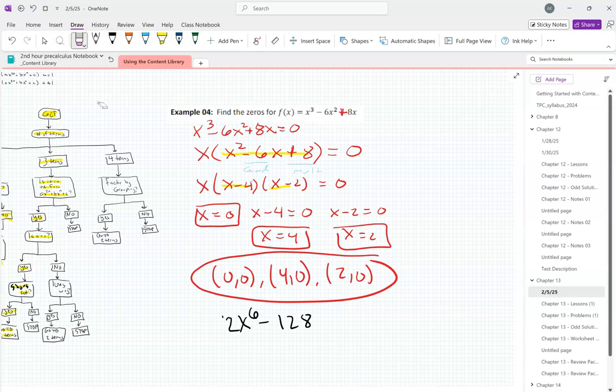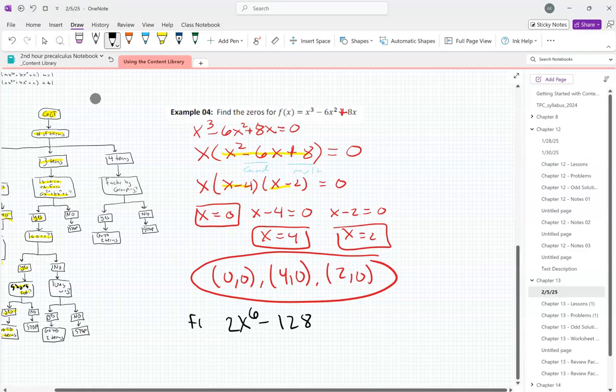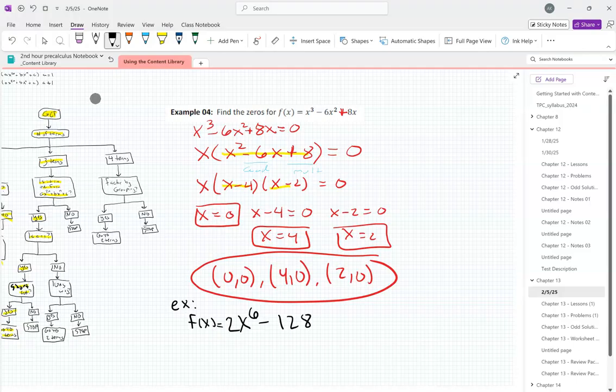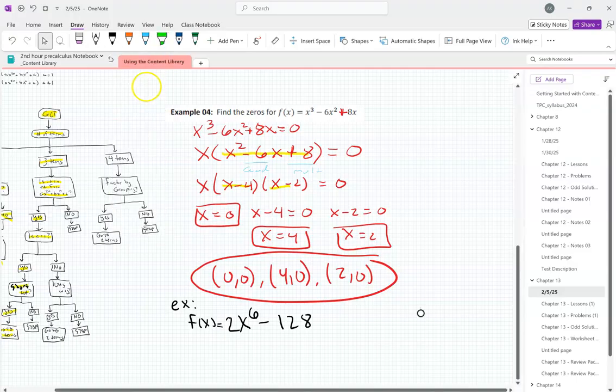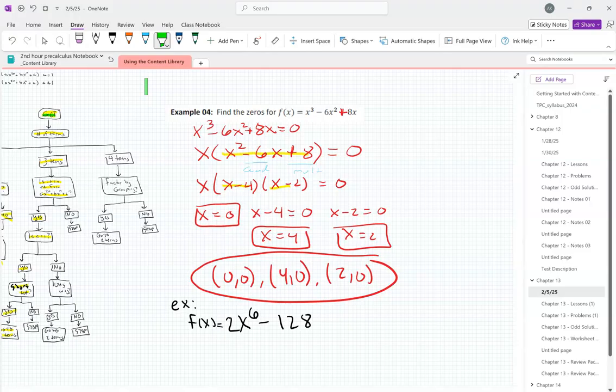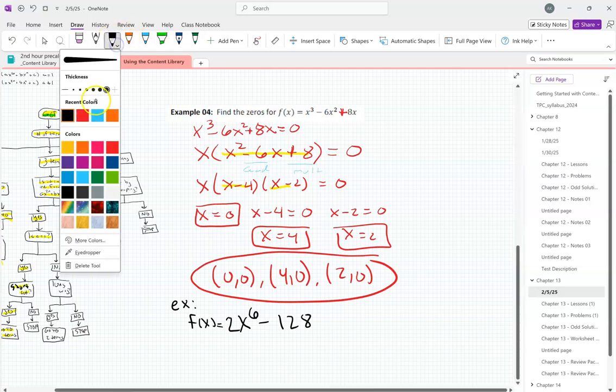Oops. I guess we should say f of x equals. Okay, f of x equals 2x to the 6th minus 128. So we'll start again. Greatest common factor. Is there anything in common between 2x to the 6th and 128? 2.